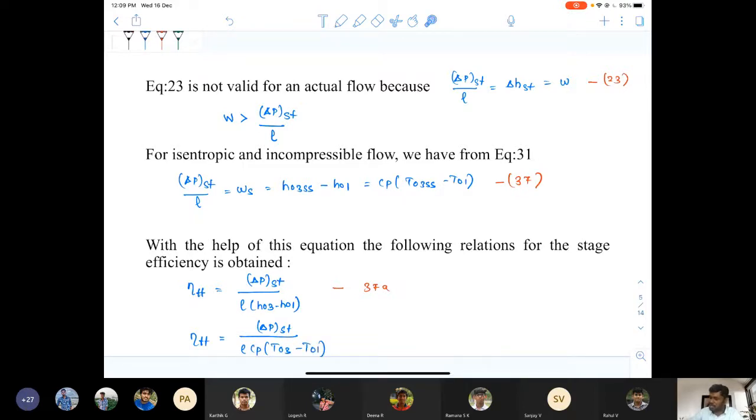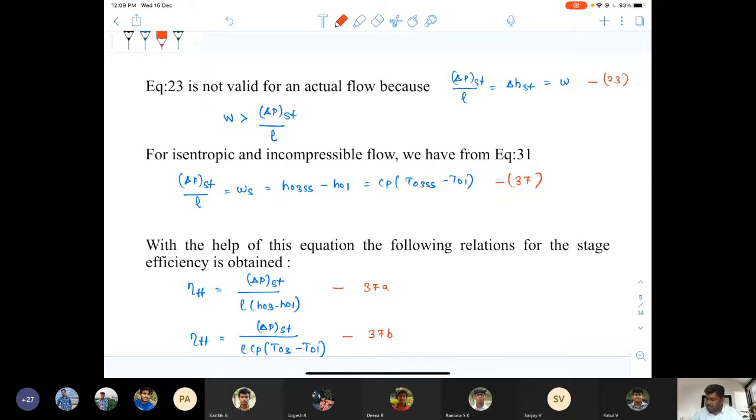That is, the first equation is in the form of enthalpy, where the difference in enthalpy is equal to Cp times delta T, and the next equation we have described in the form of temperature. Therefore, this equation is considered to be 37B.